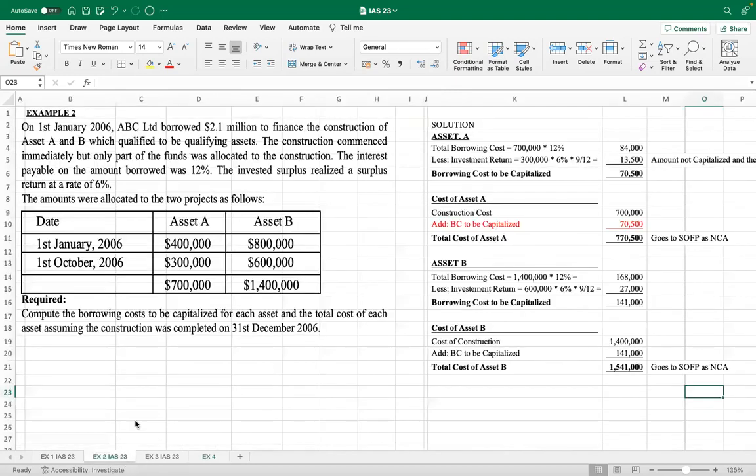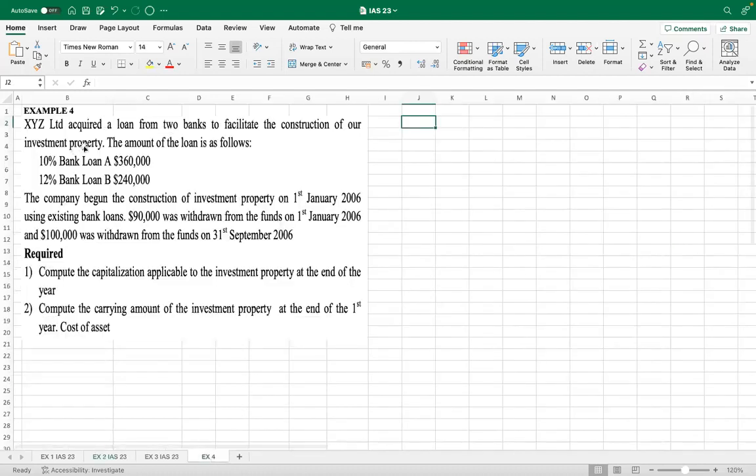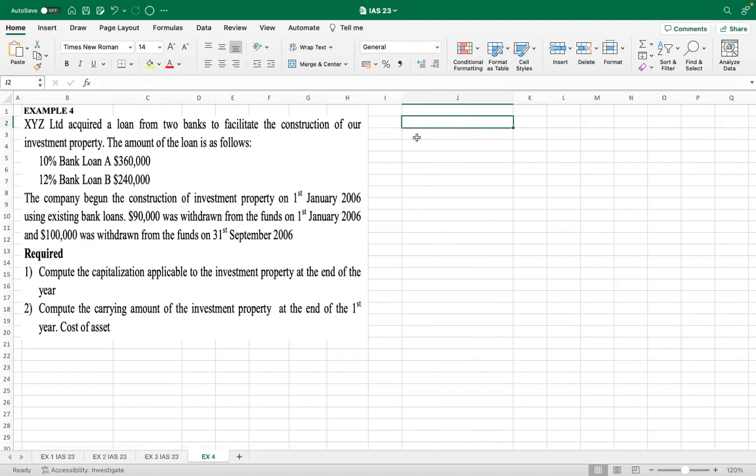A question that is exactly the same as this one that we have done is April 2023, question number 1, which is exactly the same as this example 2. So the example we are trying to do in this case, a similar question was tested in August 2021. So I'm doing what is testable, in short, or what can be tested.